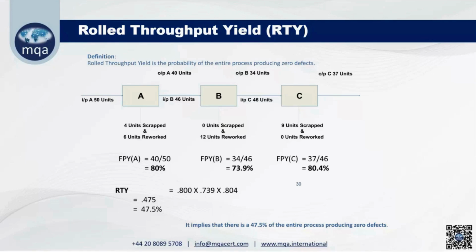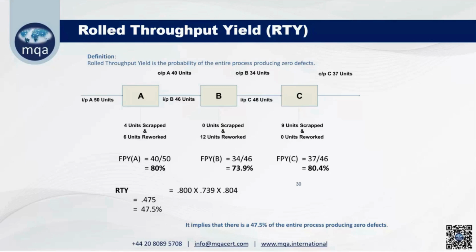Yield is basically the correct number of parts out of total parts. So what we do is we subtract the rejection and rework. When we talk about yield, we calculate it for one process.